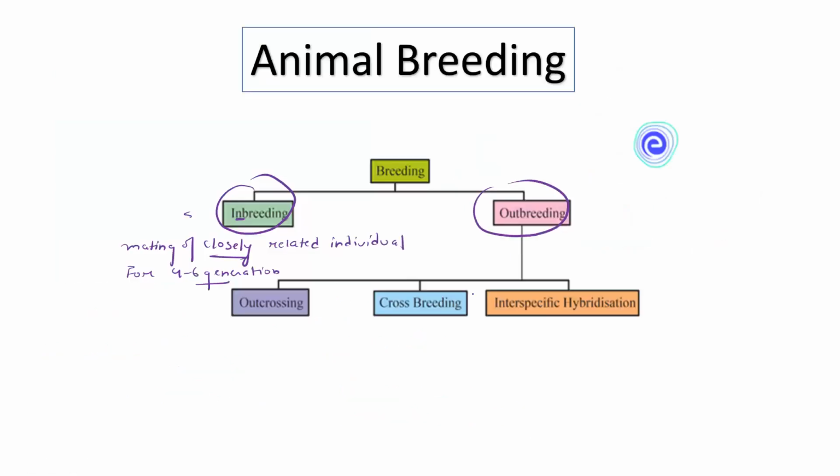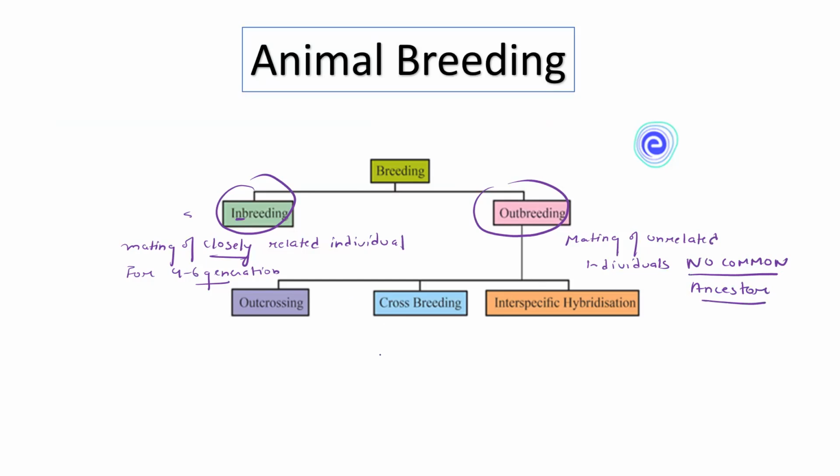But in outbreeding, there is mating of unrelated individuals. They don't have a common ancestor.